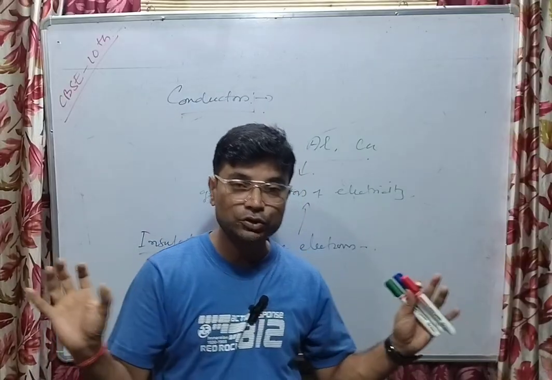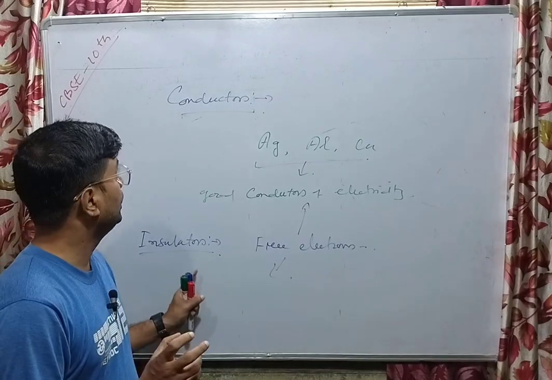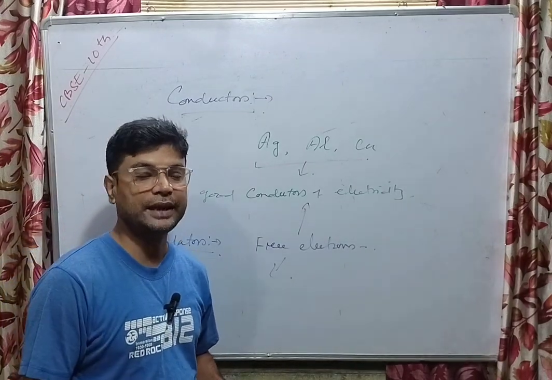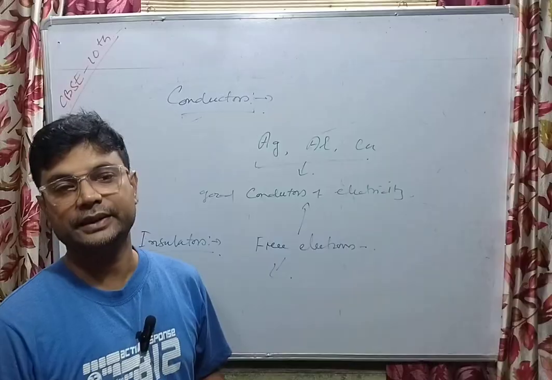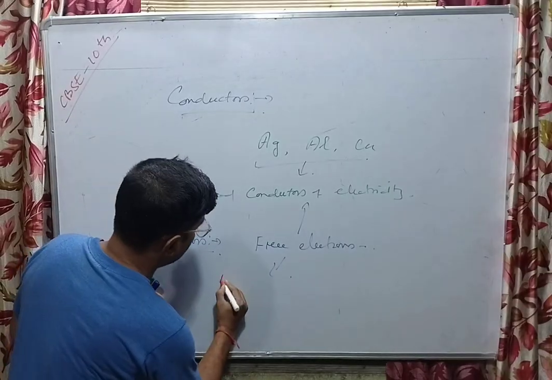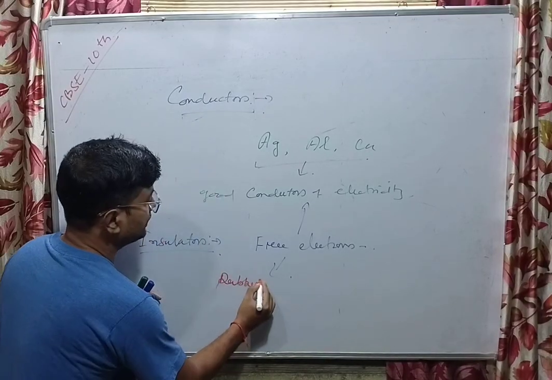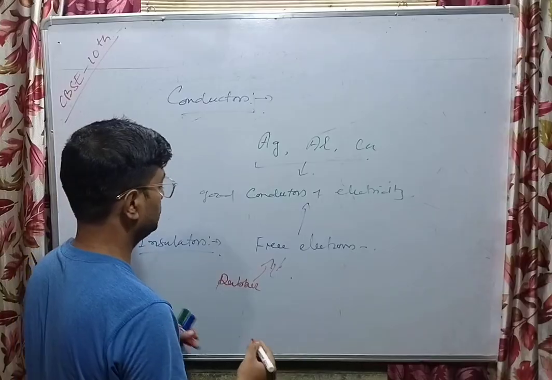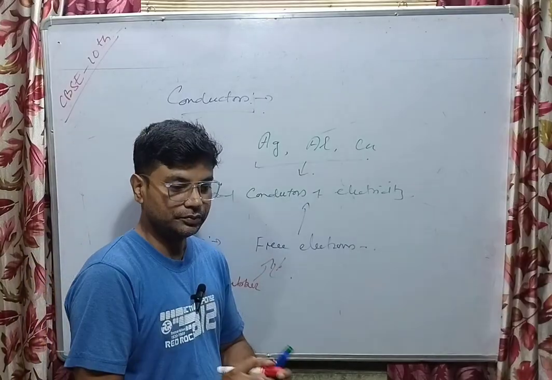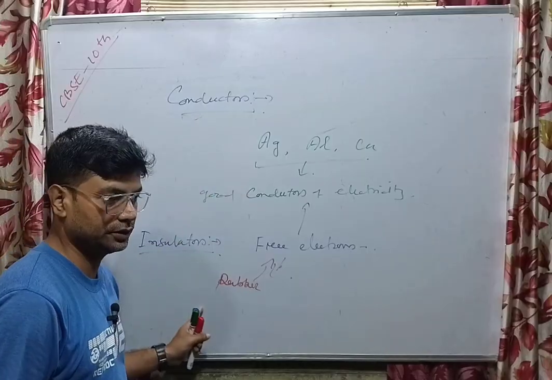It means there are no free electrons in case of insulators. Therefore, insulators cannot conduct electricity throughout them. Rubber is an insulator. Okay. Now it is clear: free electrons, conductors, and insulators.